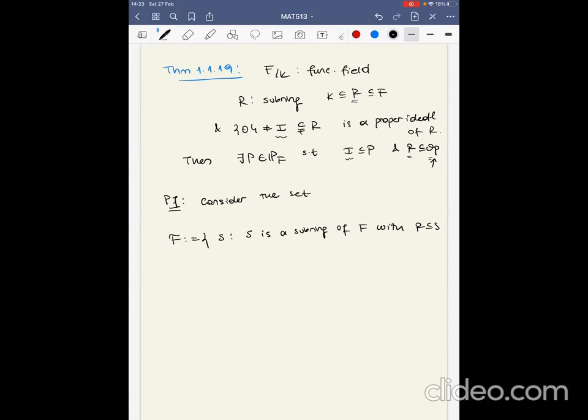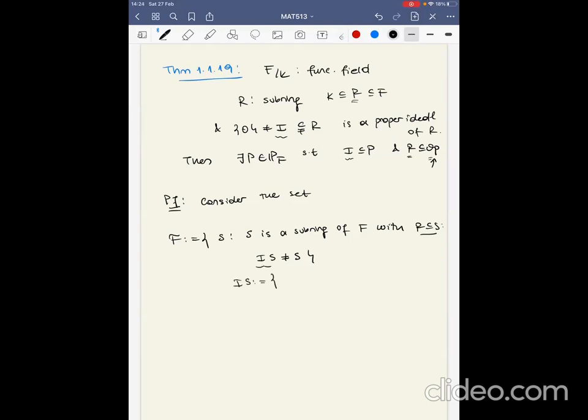More explicitly, let me define the curly F that contains subrings S of F with these two properties. So that means they will contain the given R and the ideal IS.